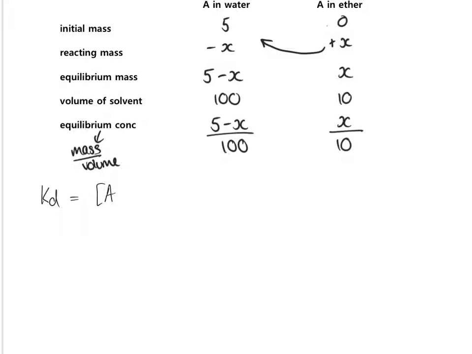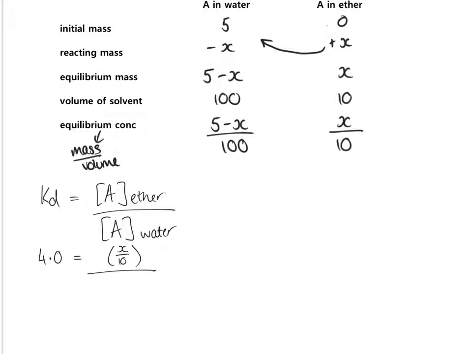KD is the concentration of A in ether over the concentration of A in water. The question tells me that my KD value is 4.0, and that is equal to the concentration of A in ether, which we've written as X over 10, divided by the concentration of A in water, which is 5 minus X over 100.